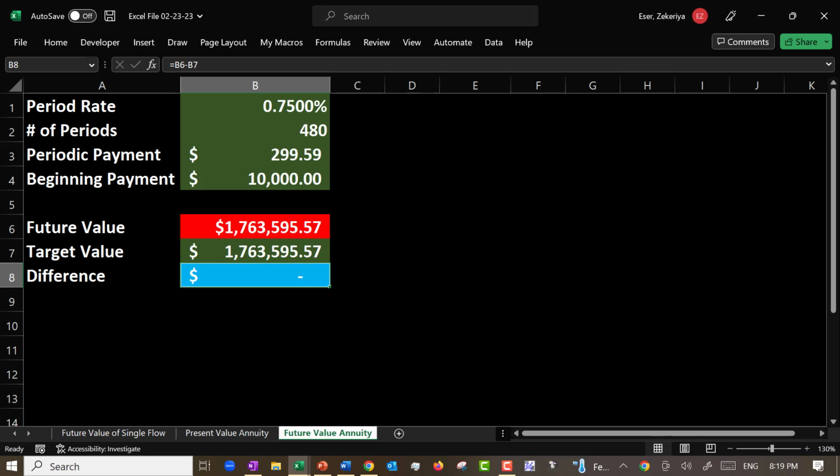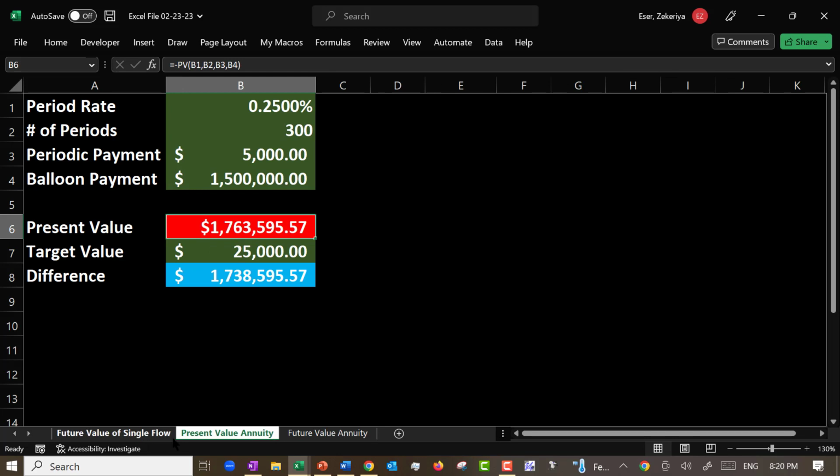In order to figure out how much I need to save, I need to figure out how much I need to have at the end. Well, that's given to me by my desires. $5,000 a month, 1.5 mil at the end. That's the present value part. So that's what I need.